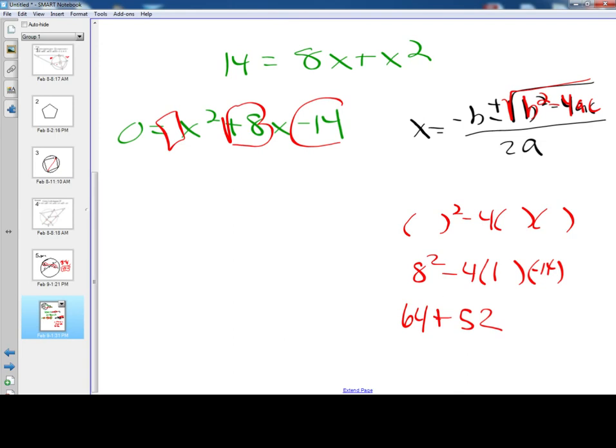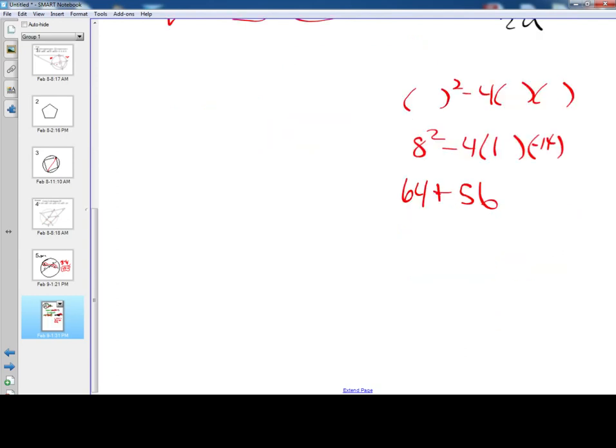Oh, 56. What am I thinking? So if I add those two, that's going to give me 120. And does 120 have a square root? It doesn't have a square root, therefore it's not factorable. However, that's still a lot of information for us.